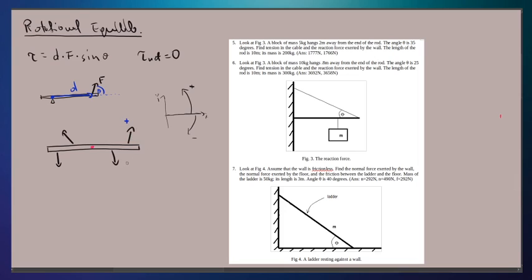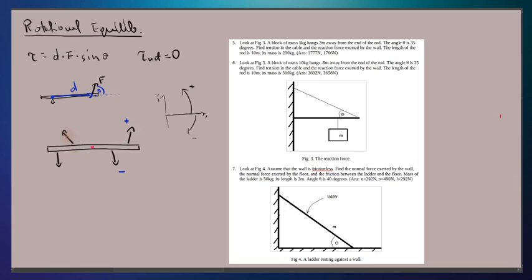On the other hand, if this force was the only force acting on the bar, then it would give us this kind of rotation, and that would be a negative torque. If you get clockwise rotation, then that is a negative torque. So this is minus.